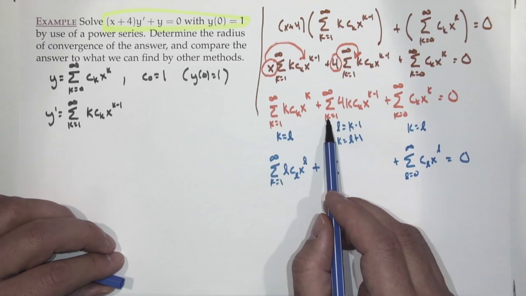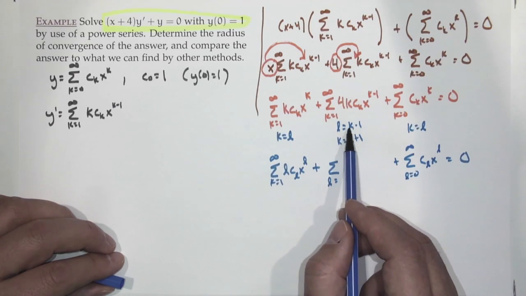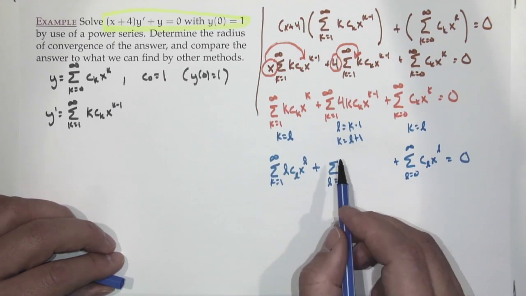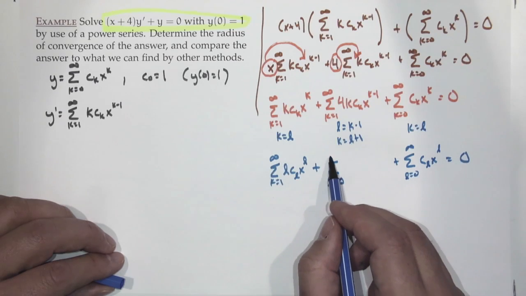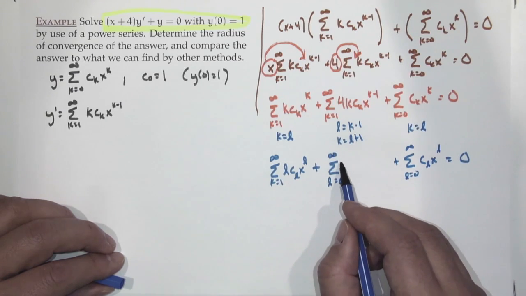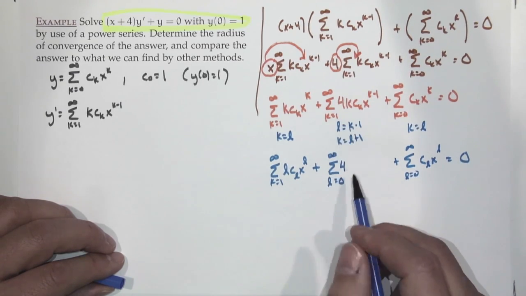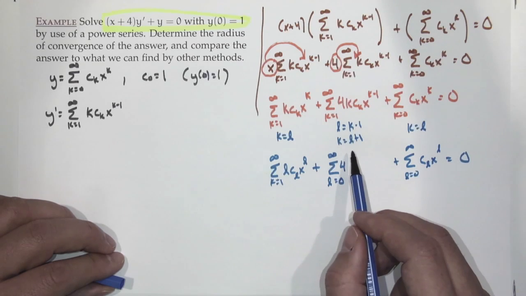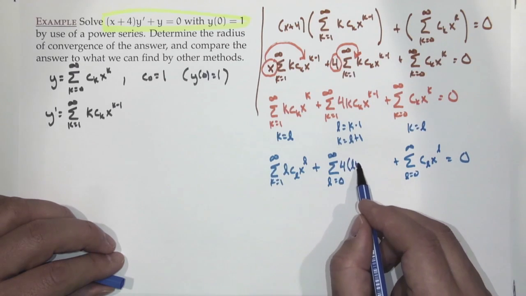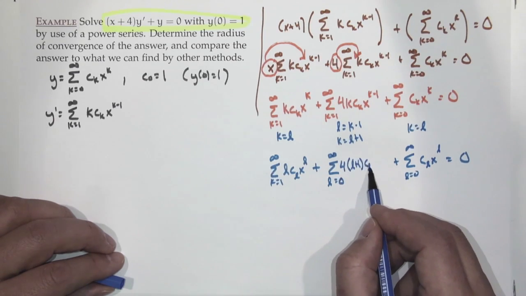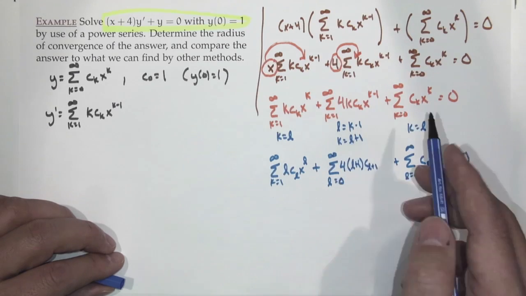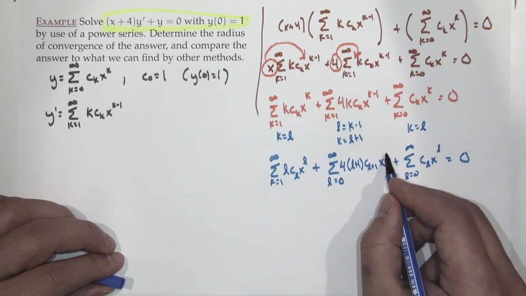At 0, right? Because k was starting at 1, and 1 minus 1 is 0. Where do we go to? We still go to infinity. The k becomes L plus 1. The c sub k, c sub L plus 1. And x to the k minus 1 becomes x to the L.